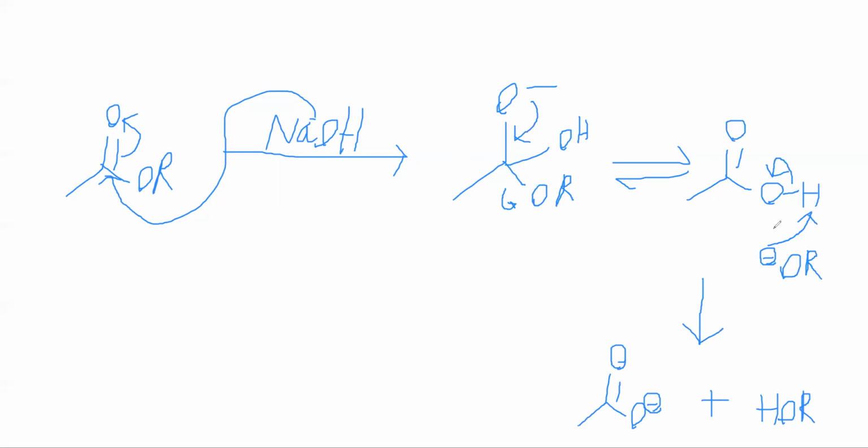And this is just one extra step. It's the same first two steps, nucleophilic attack and then carbonyl reforming. So the only reason I say this is a deviation is because the leaving group you kicked out is a very strong base. So it does that extra step, but other than that, it's the same mechanism. Okay.